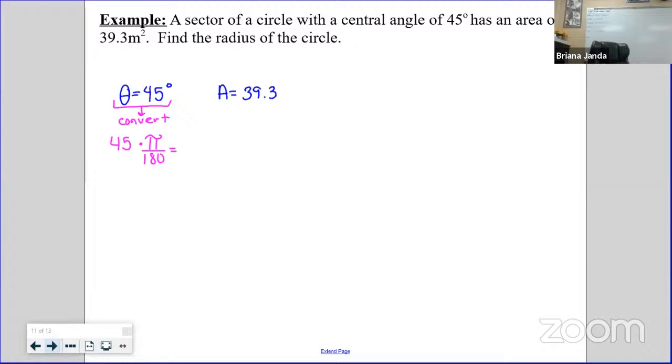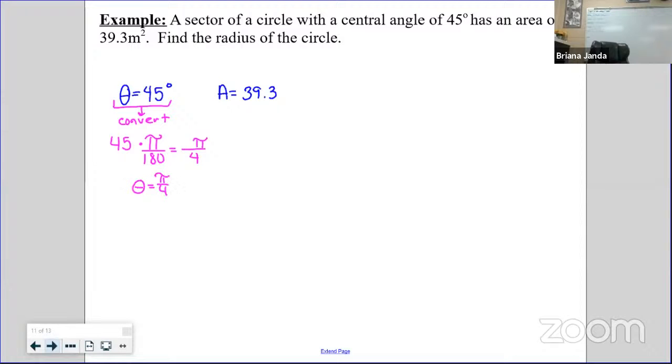Does the pi go on the top or the bottom? Where does that 180 go? Again, if you need to, use the labels to help you remember. So as always, I'm going to have a pi in the top, and now I'm just simplifying 45 over 180, which I think we did earlier already. 1/4, pi over 4. So theta for our problem is going to be pi over 4.